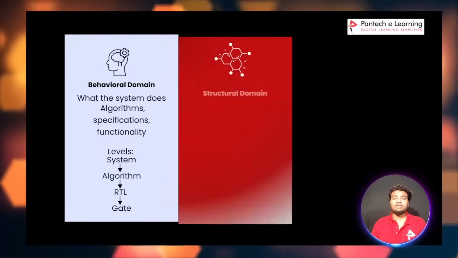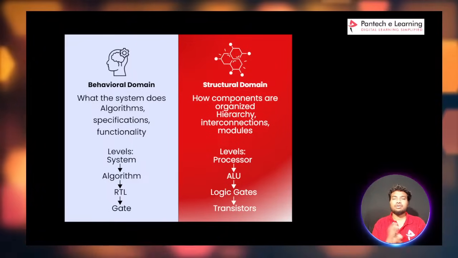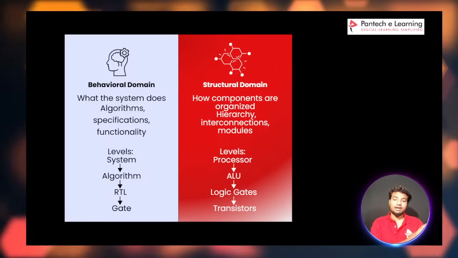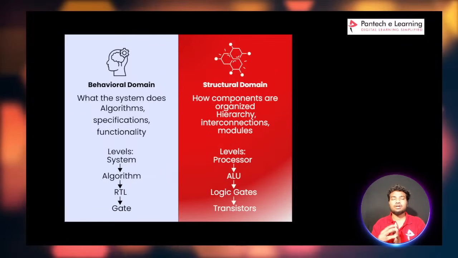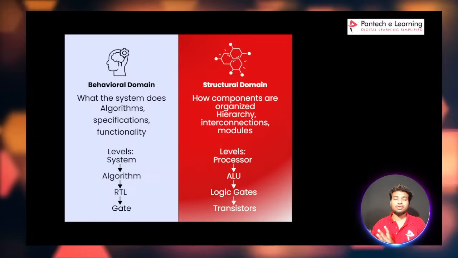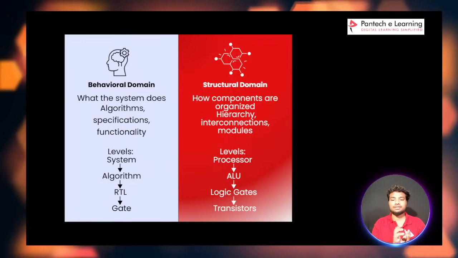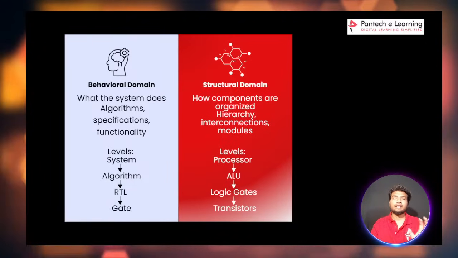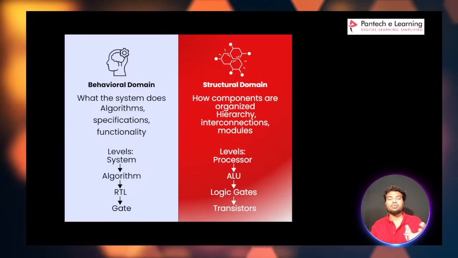The next domain is the structural domain. They do the process of converting Verilog design code into a gate level netlist. A gate level netlist is also a kind of Verilog code, having only the inputs and outputs of gates. They convert the Verilog code logic into a gate level circuit, having inputs, outputs, and wires.